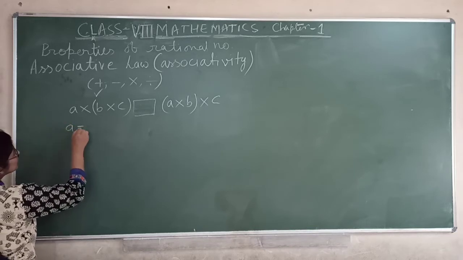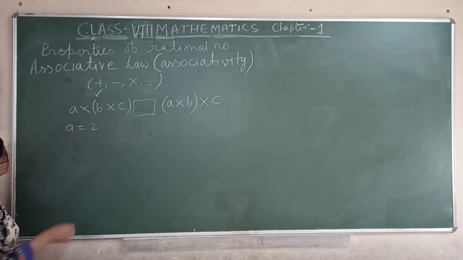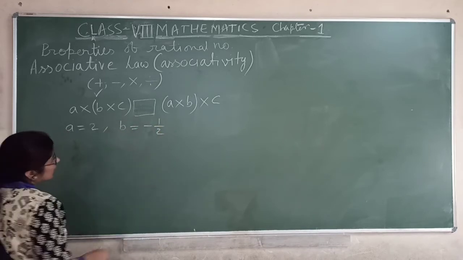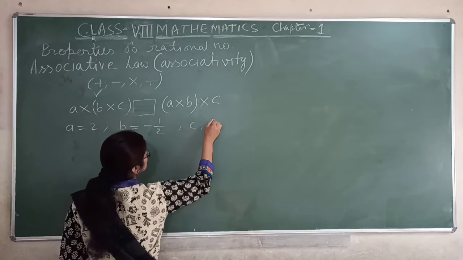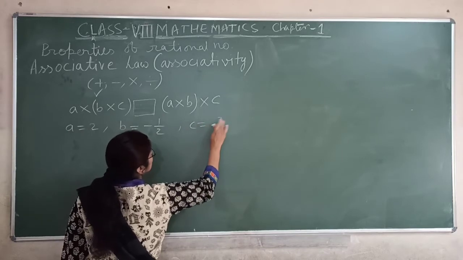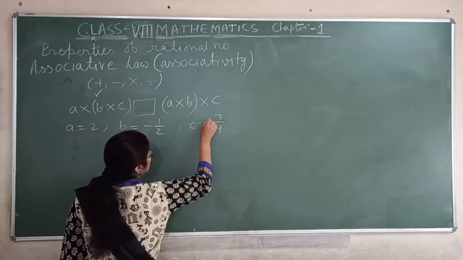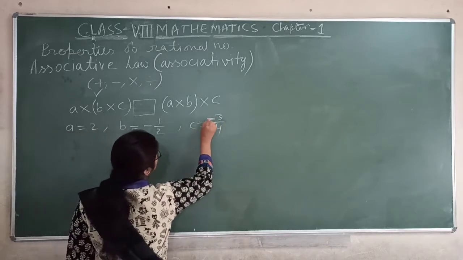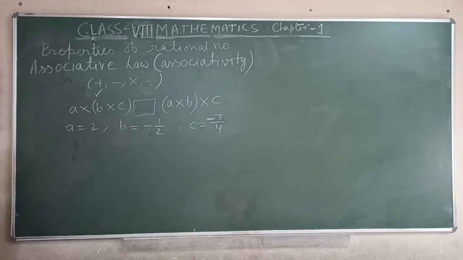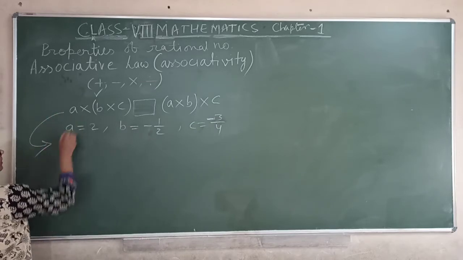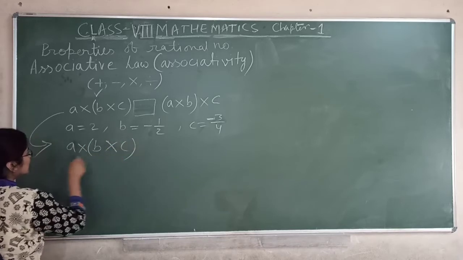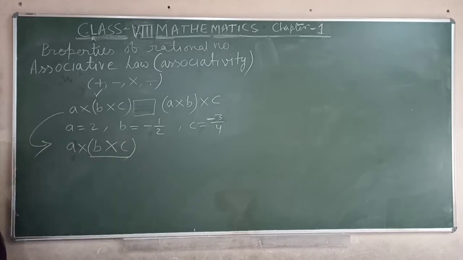A equals 2, B equals 1 by 2, and C equals, I am taking minus 3 by 4. Okay. So look, first I am checking for this one, A into B into C: A separate, B into C together within bracket.